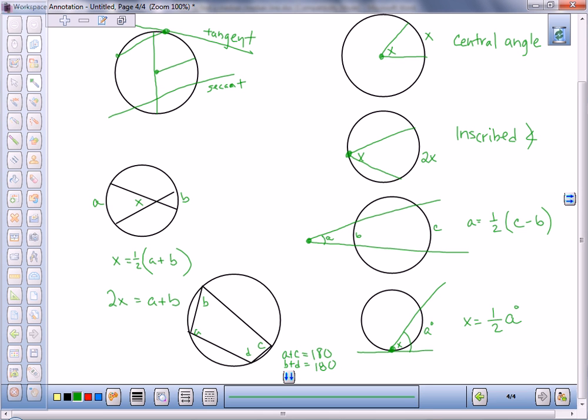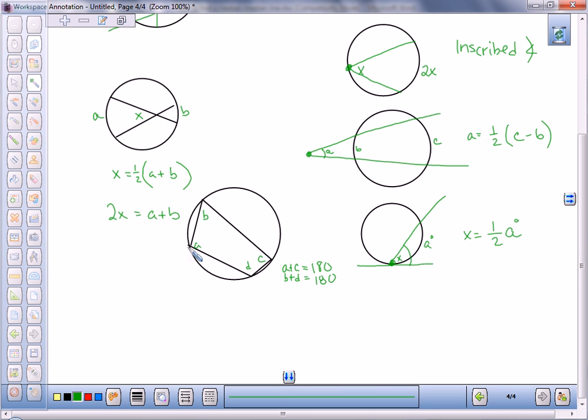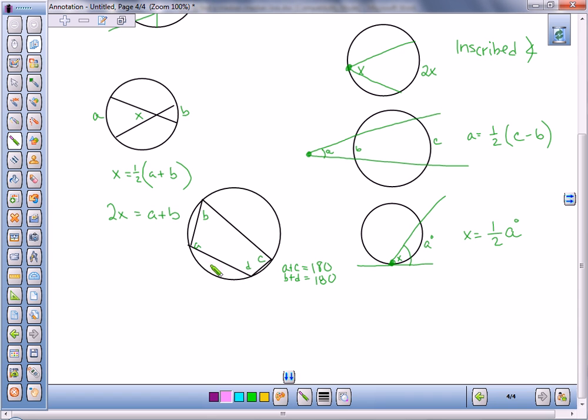Okay, if we look at this, I don't even memorize that. I'm going to do it with highlighter real quick so you can see. I'm going to deal with B and D. Angle D is half its intercepted arc. Does that make sense?